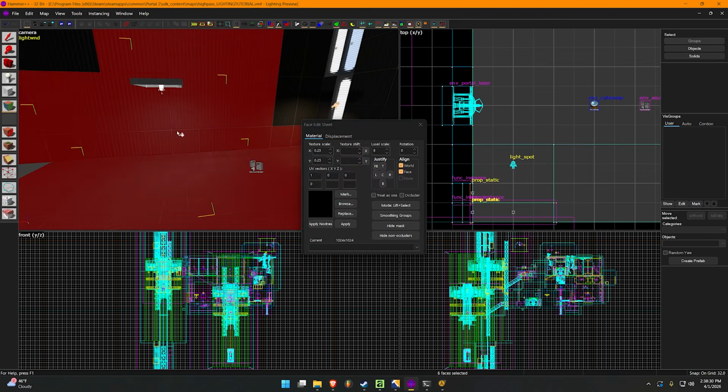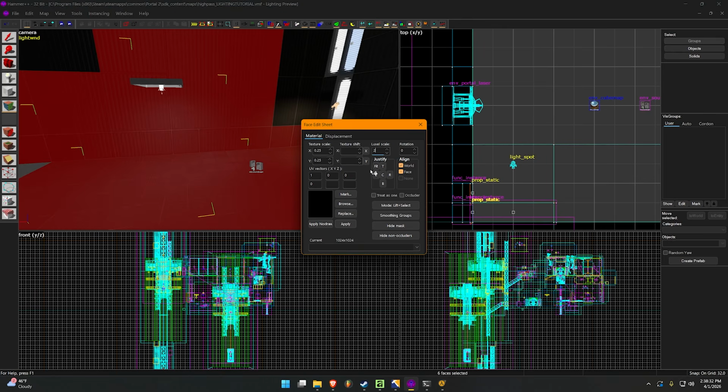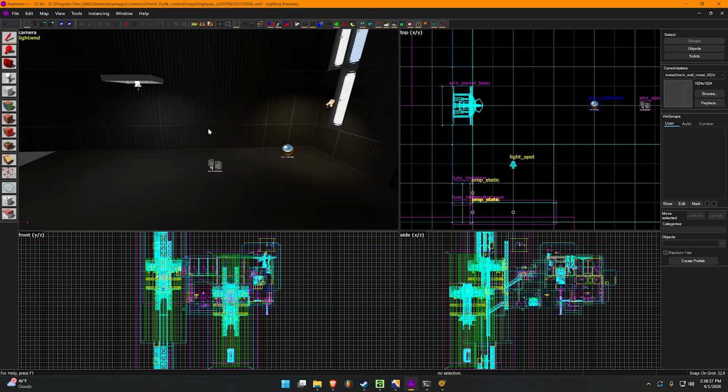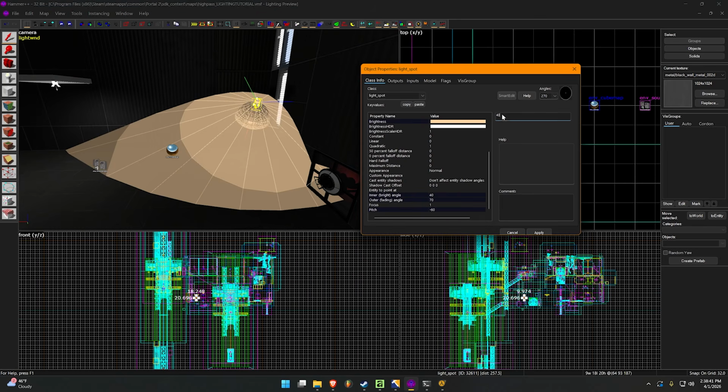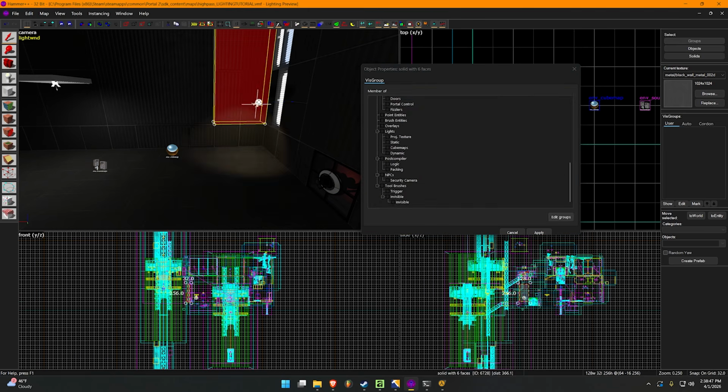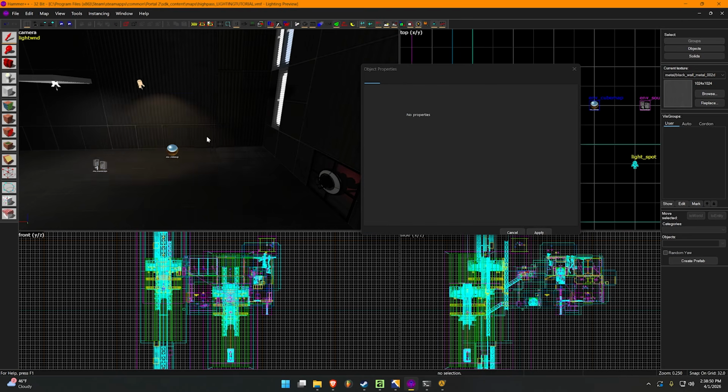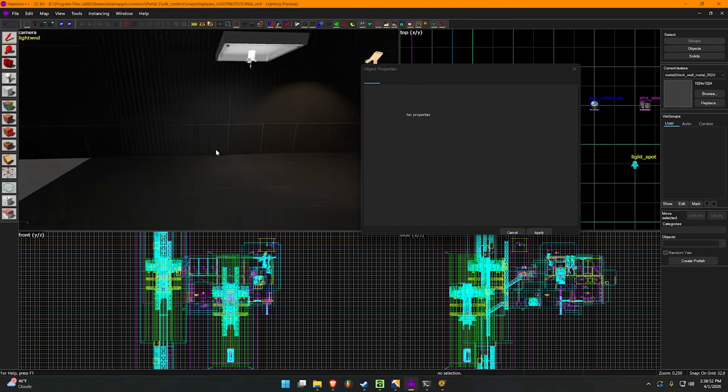And if you set your light map scale to be higher, it's still pretty soft. Whereas if you have a sharper light here, you kind of notice the edge of it.